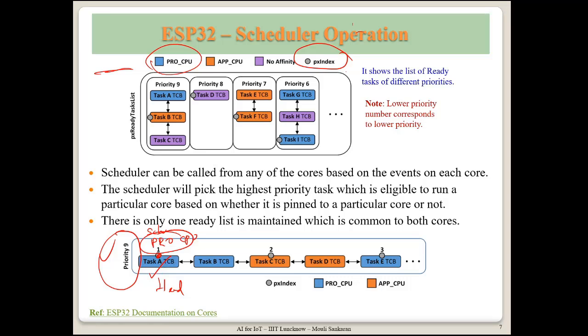So what does the scheduler do? It picks up this task and then says that px index is this one. That means this variable, a scheduler variable, an RTOS variable, is now pointing at this value.